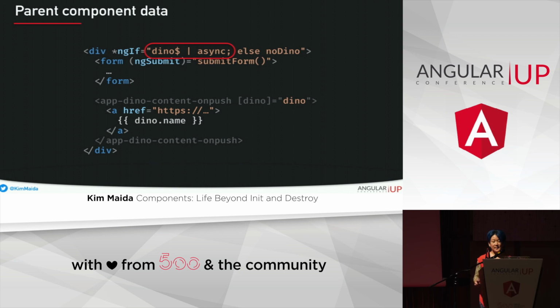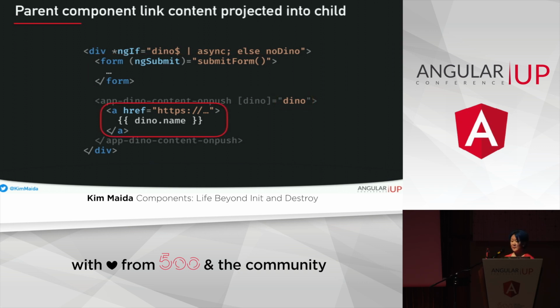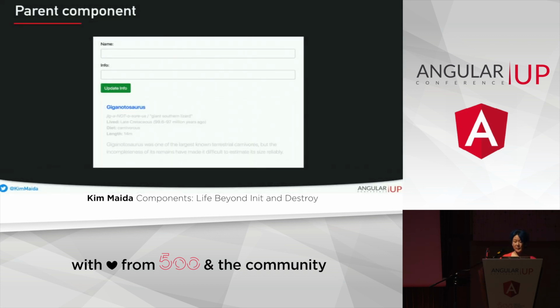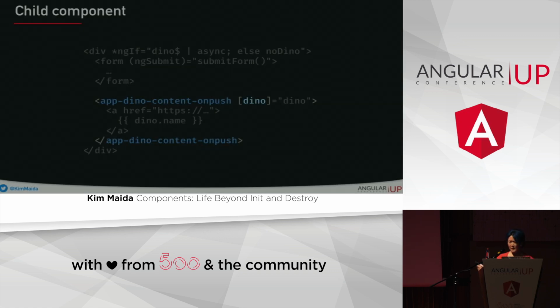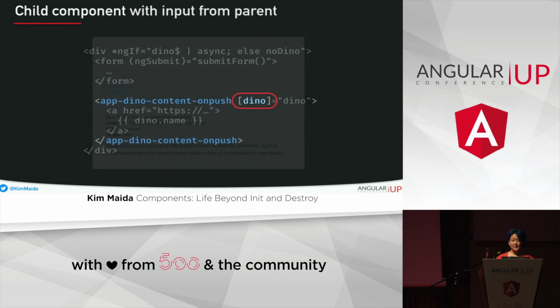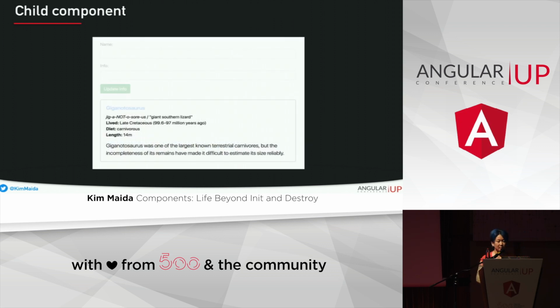The parent class gets async data, sets it up for usage. Then we have our form. And then we have our dino input data. And then finally, we have the link and the dinosaur name, which are content projected into the child. So again, really quickly, this is visually what the parent is. Then we have the child, and that gets input from the parent. And again, quickly, that's what it looks like.